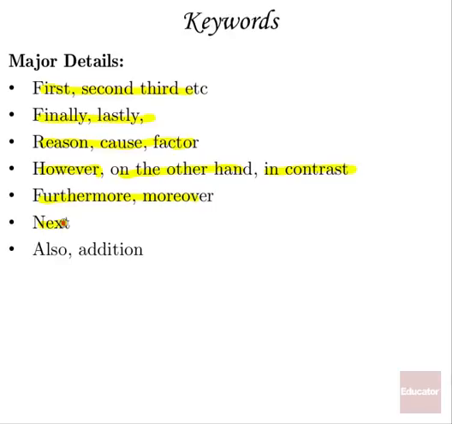Furthermore, moreover, next, also, and in addition. Those are also indicators that a major supporting detail is coming. Now, most of these could also be used for minor supporting details, so you have to be careful and pay attention to the context.